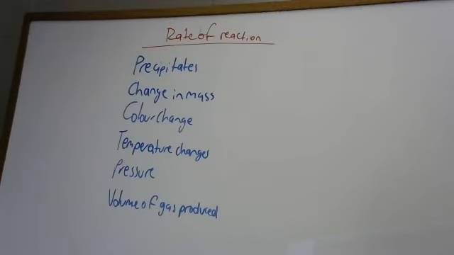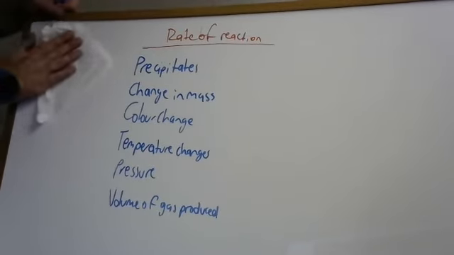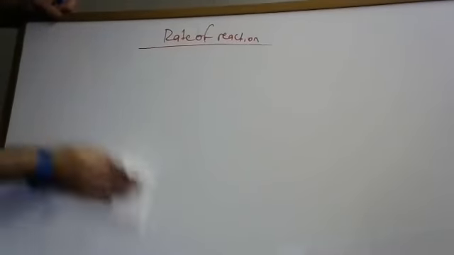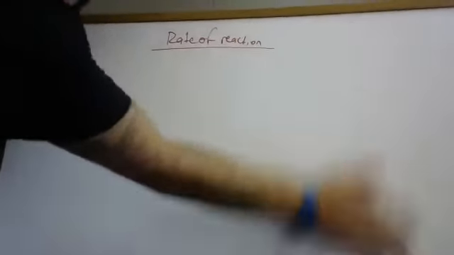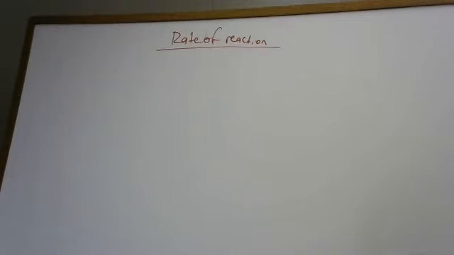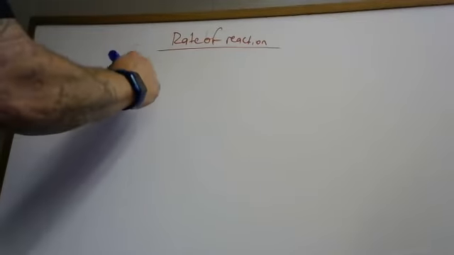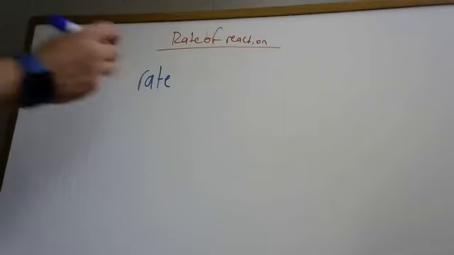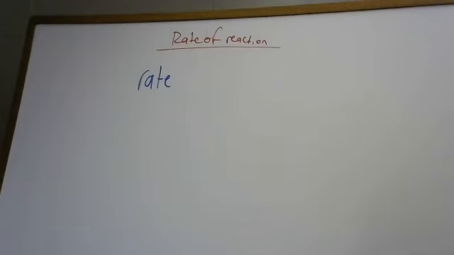So the way that we actually calculate it, I'm going to keep it fairly simple. So we do have 3 decent sized topics. So the rate of reaction, it's a fairly simple equation, but actually determining this is quite difficult.